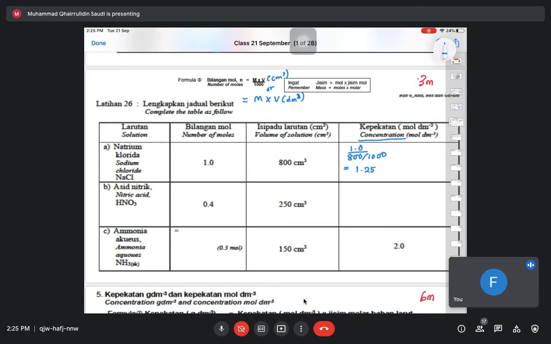What is the unit? Yes, mole per dm cube. Good. So this is 1 mark.